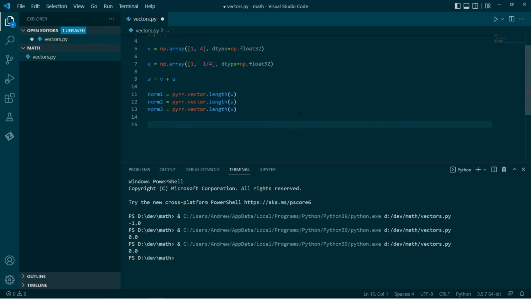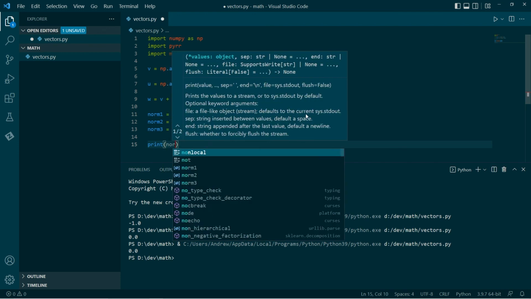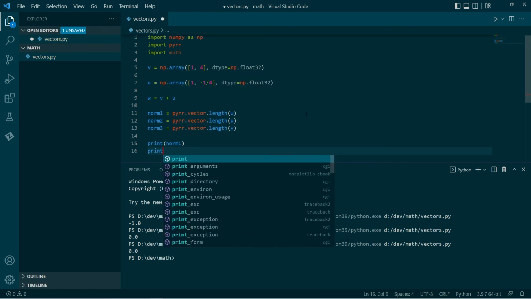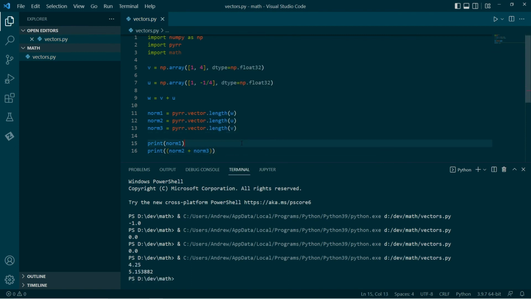So we'll compare these. We'll print the left-hand side. Yeah, that makes sense. So the left-hand side, the sum, has a length of 4.25. The right-hand side has a length of 5.15. So that's just an example of the triangle inequality.